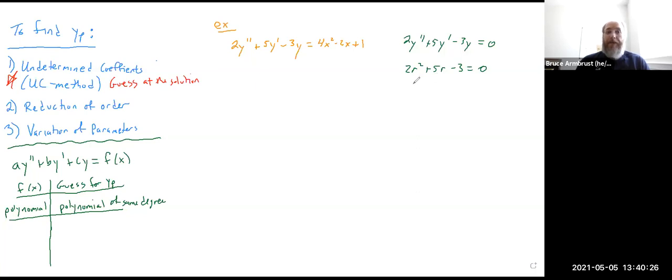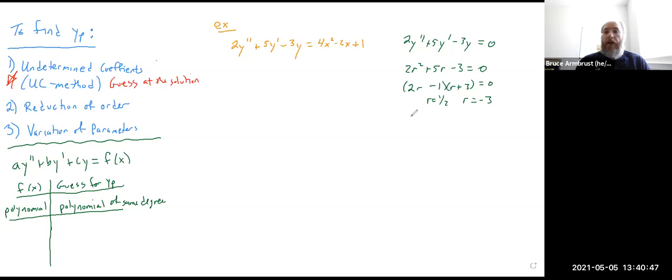I was nice. I gave us one that factors. It's 2r minus 1 times r plus 3. So that gives us r equals 1/2 and r equals minus 3.